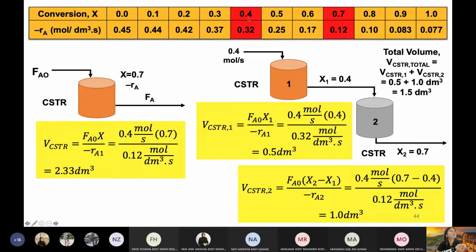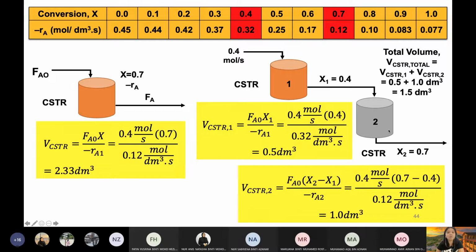So your X1 is 0.4, your minus RA is 0.32. So you divide by 0.32, you get your first volume of the reactor, VCSTR1, as 0.5 dm cube, meaning, okay, reaktor pertama, if you want to achieve 40% conversion, you need your reactor volume to be at least 0.5 dm cube.